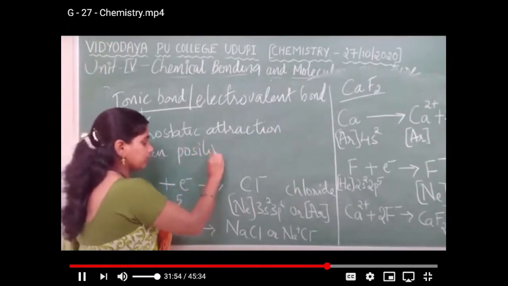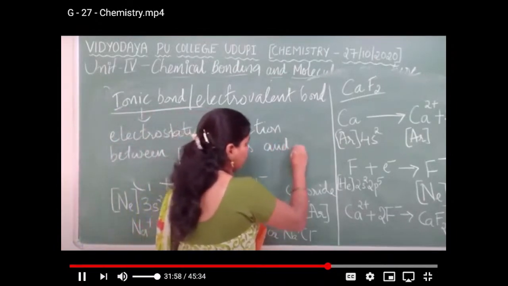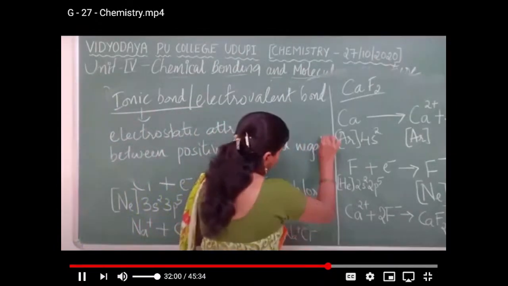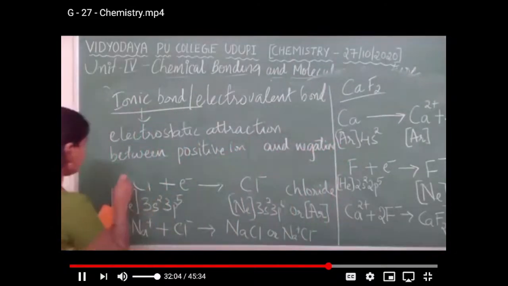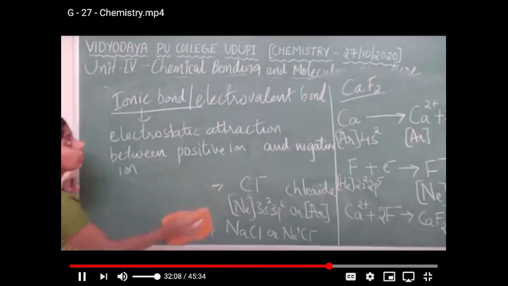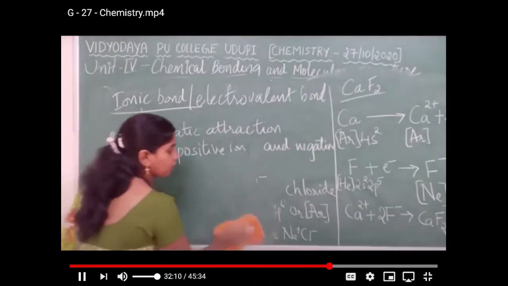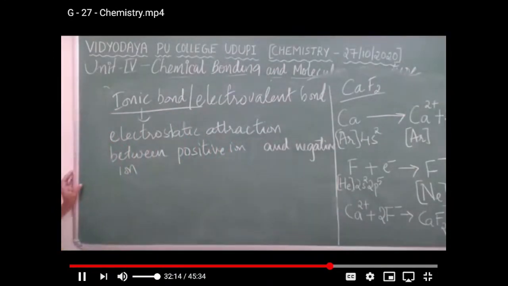Positive ions and negative ion. Positive ion and negative ion is called as ionic bond or the electrovalent bond. Look at the structure of sodium chloride.